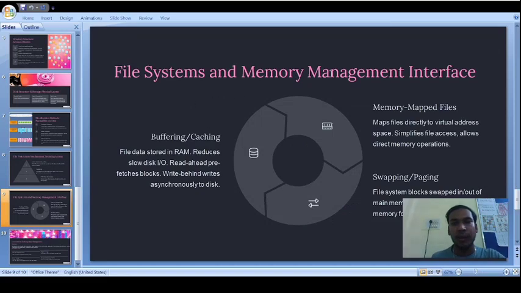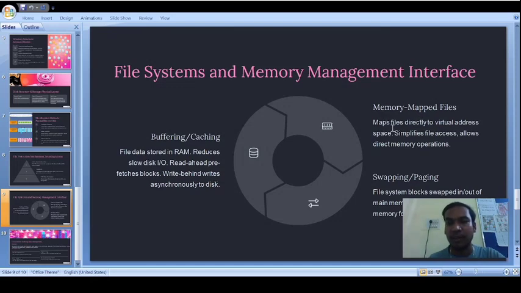File system and memory management. There are three types of file system memory management: buffering and caching, memory mapped files, swapping and paging. Buffering and caching, where the files are stored in RAM, which reduces slow disk input output, where we can read ahead prefetched blocks and write asynchronously to disk.